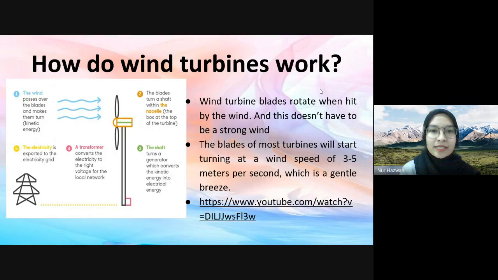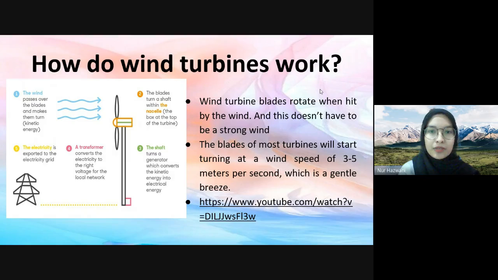The nacelle is the box at the top of the turbine. The third step is the shaft turns a generator which converts the kinetic energy into electrical energy. The next step is a transformer converts the electricity to the right voltage for the local network. And the last step is the electricity is exported to the electricity grid.